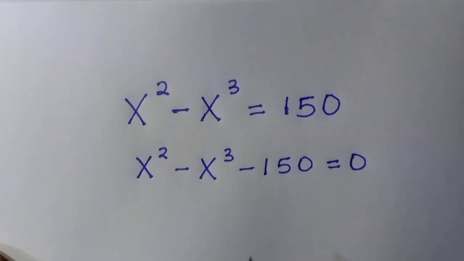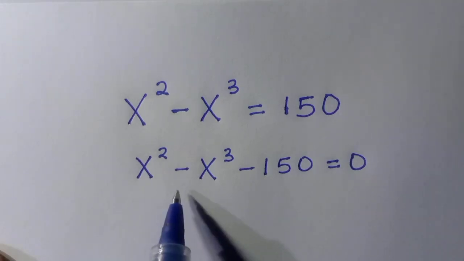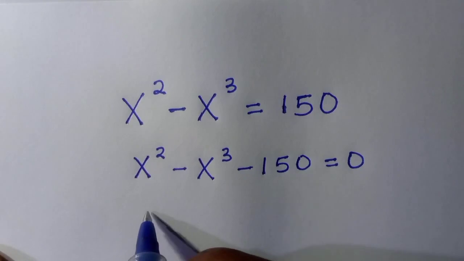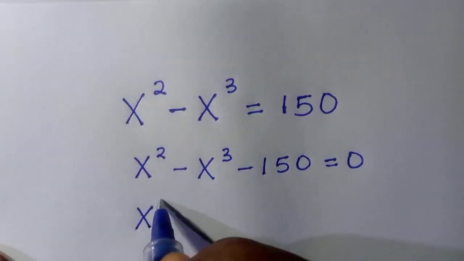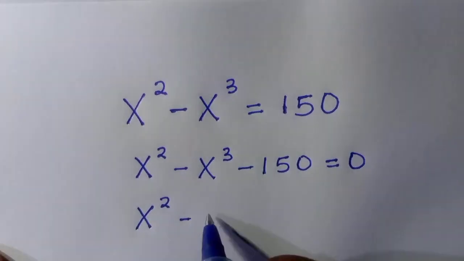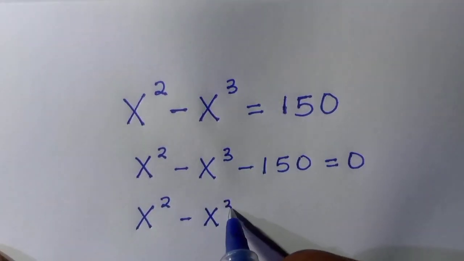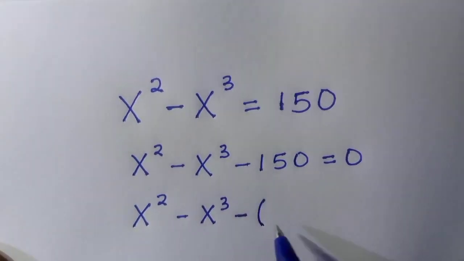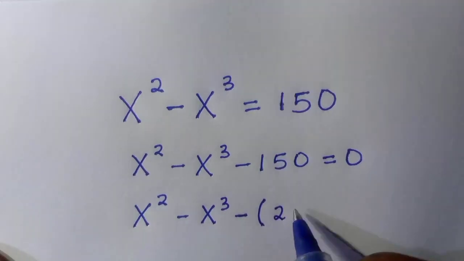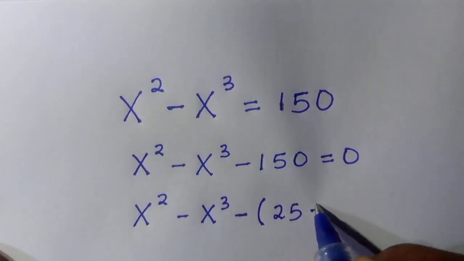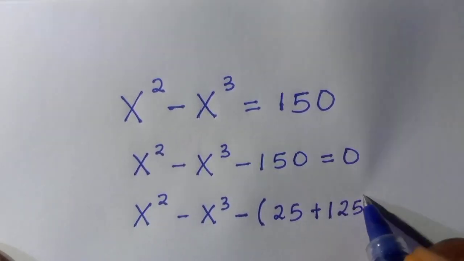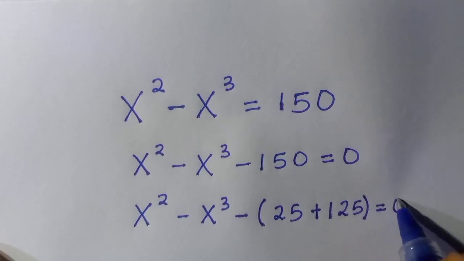So we are going to break 150 based on the corresponding power of x squared and x cubed. And here is x to the power 2 minus x to the power of 3, so here is minus open bracket 25 plus 125 equals 0.